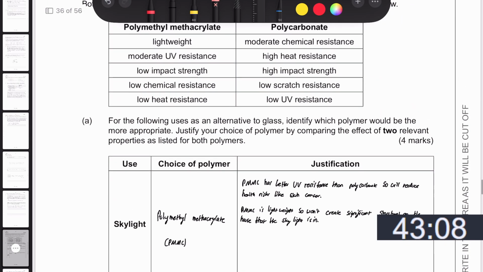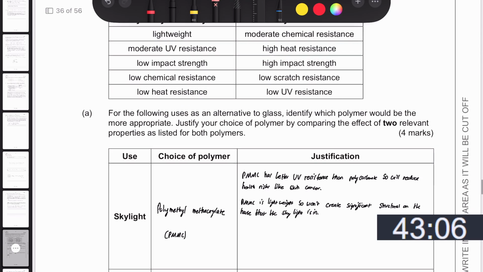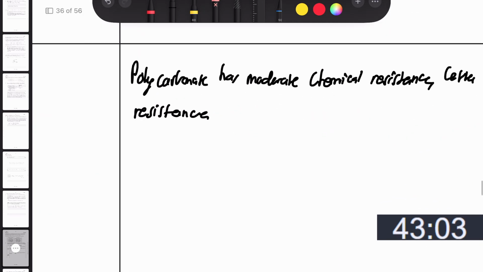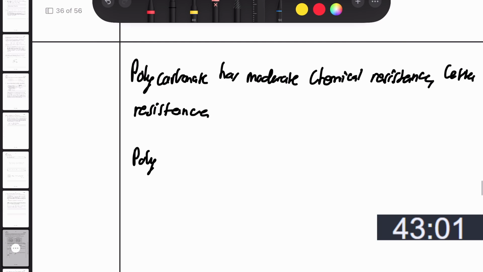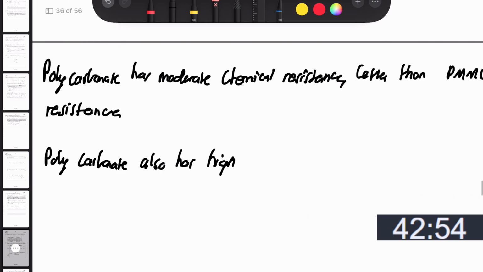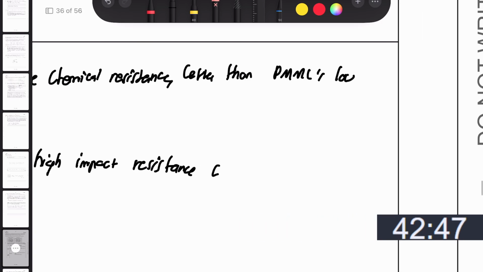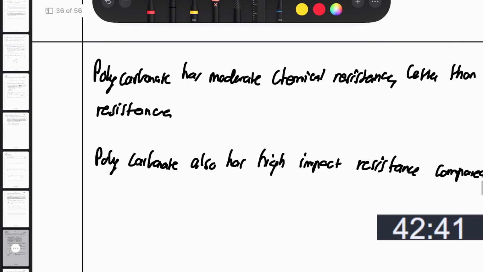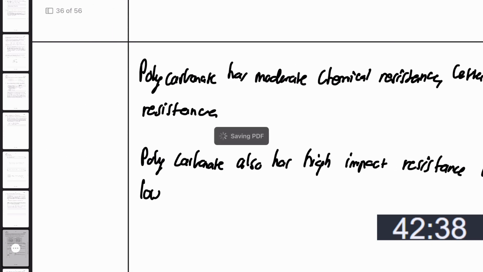It also has high impact strength compared to PMMA's low impact resistance.